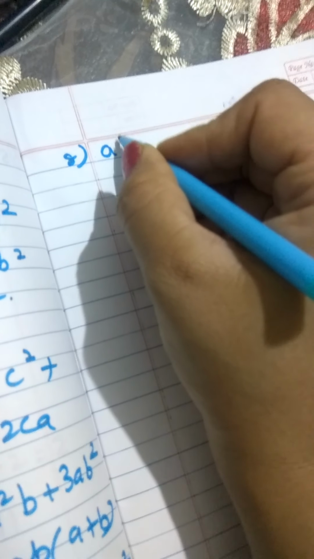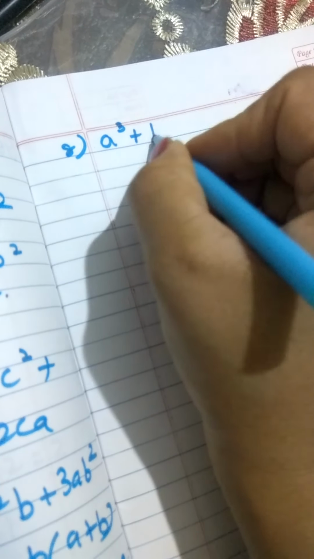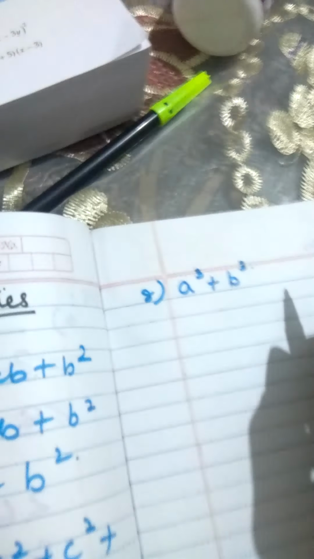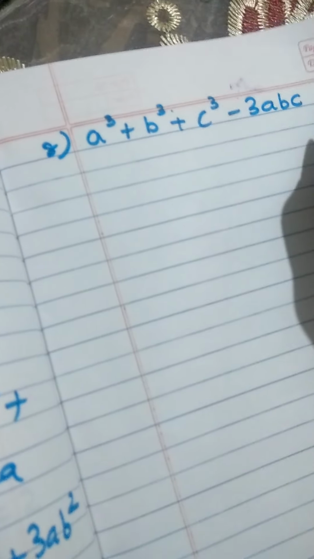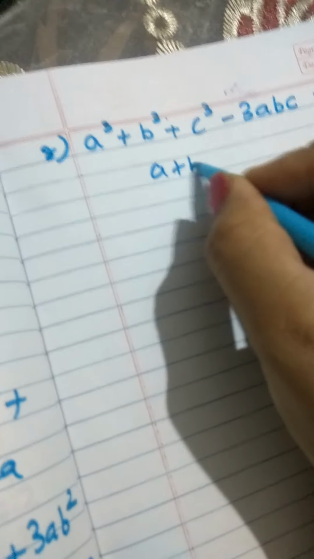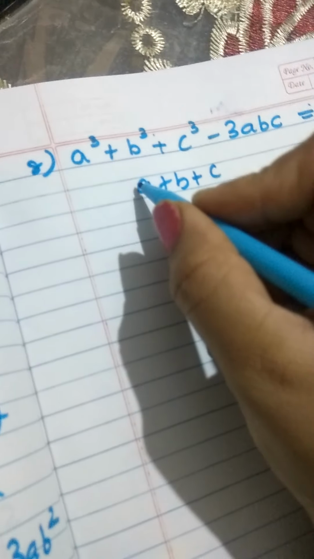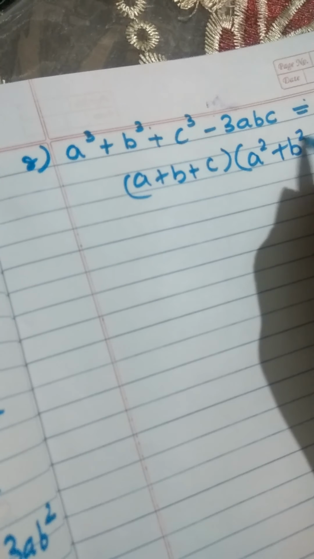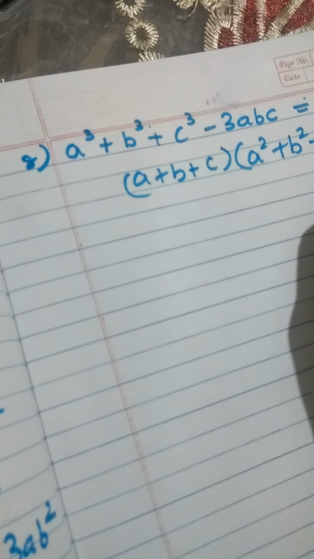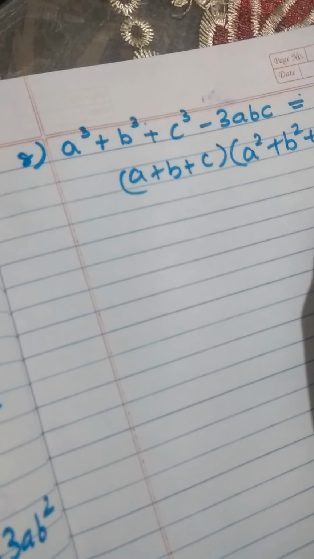If we have a cube plus b cube plus c cube minus 3abc, then this is equal to (a plus b plus c) in bracket, and here we have a square plus b square plus c square minus ab minus bc minus ca.